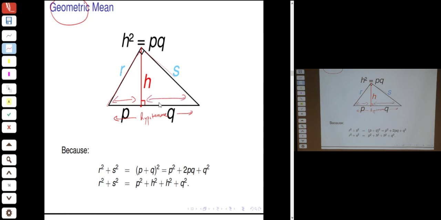Then the length of this perpendicular is the geometric mean of p and q.